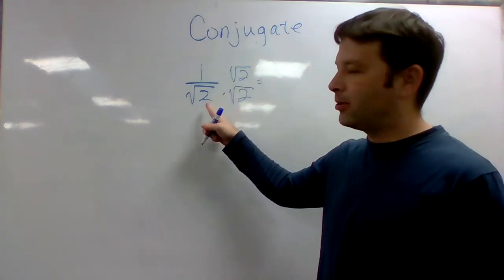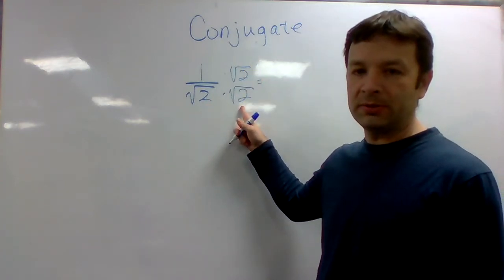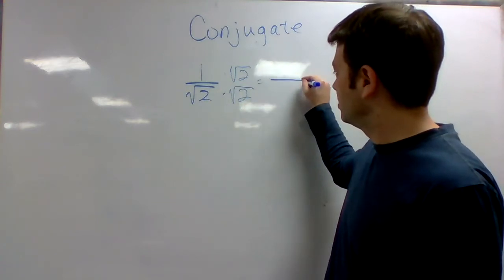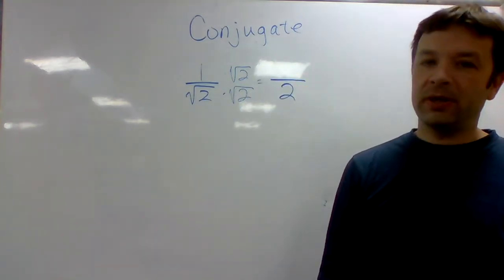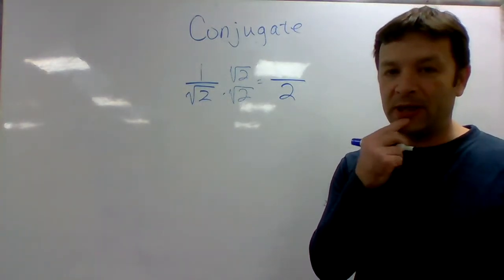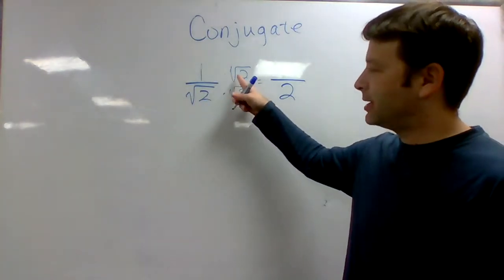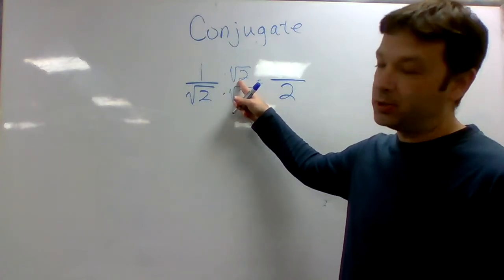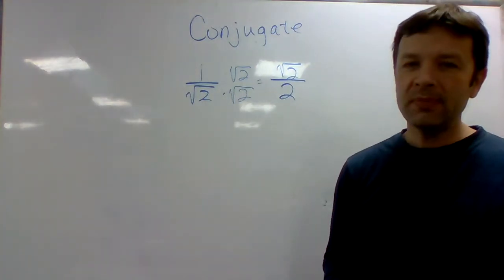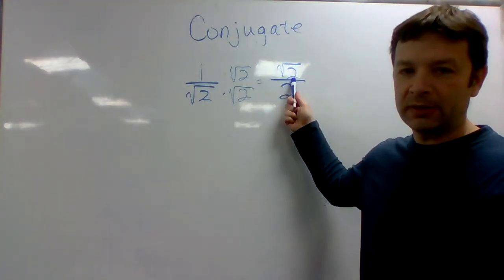Okay, why do we do that? What's square root of 2 times square root of 2? Square root of 4, which is a normal 2. What that did basically is just get rid of the square root in the denominator. The top is 1 times square root of 2. You could say that's 1 square root of 2, or you could just say that's square root of 2. Does this simplify?